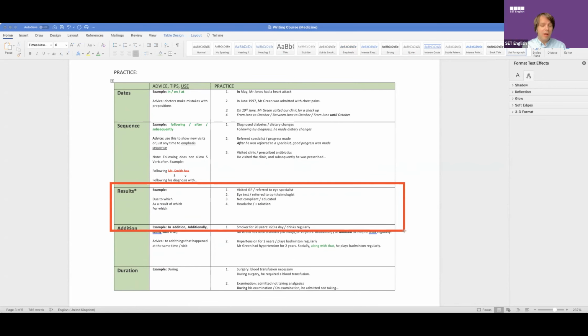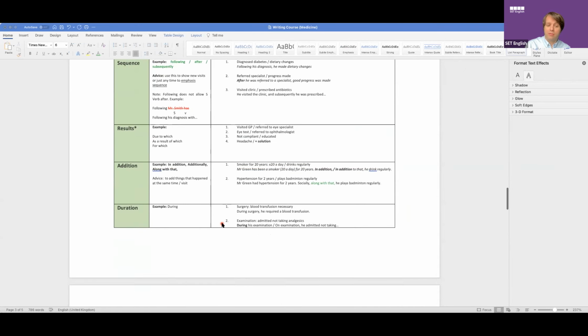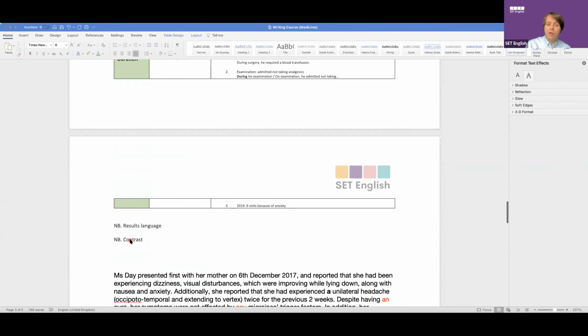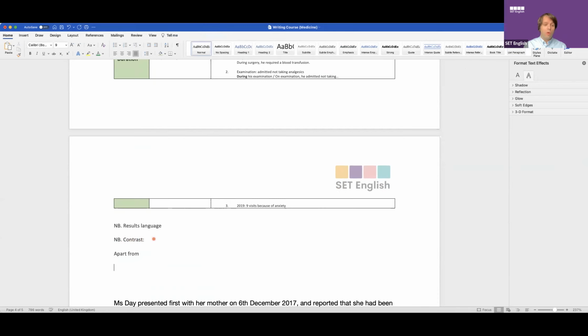Okay, questions about this so far, please. Who has a question? We can say, apart from having hypertension for 2 years, he has been playing badminton regularly. You can, and that's very good. That is, guys, contrast. Contrast is very good: apart from, although, despite.